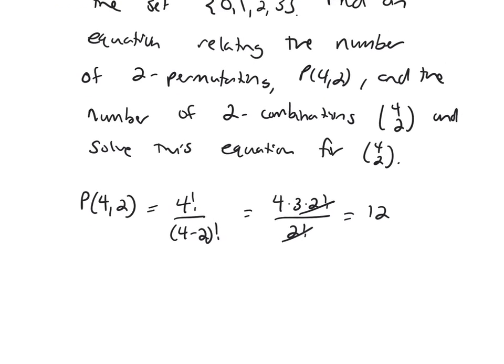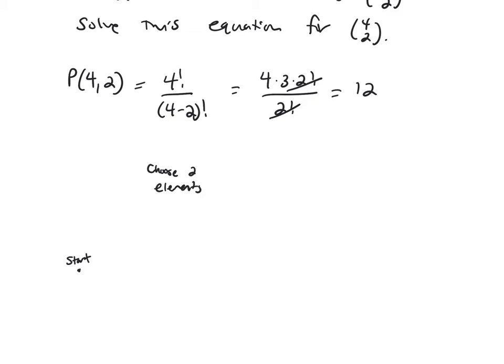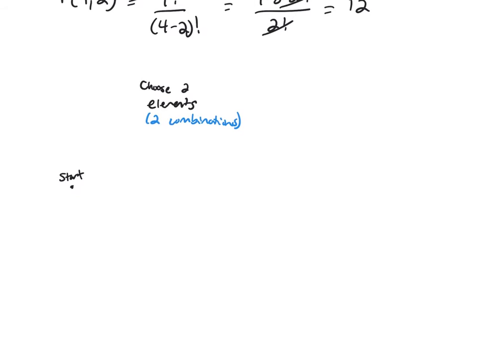And so when we go to write down our 2 permutations, we can think about it as a process. What you're going to do first is choose 2 elements. So you're looking at essentially the 2 combinations here, which we did before.